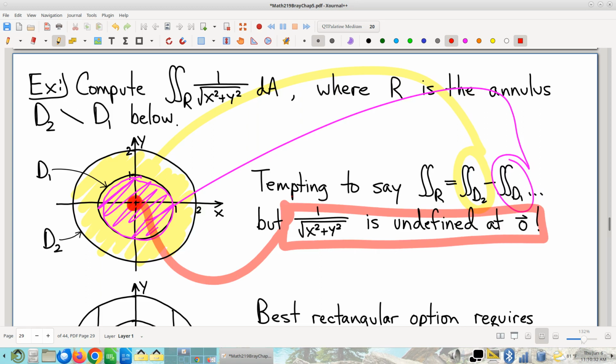And that's not how integrals work, right? The way we have integrals defined, and this is a nasty problem, in fact, the way we have integrals defined, we literally do not even have a definition of what such an integral, either of these integrals, would mean. So this is a dead end. It does not work. Okay, in this case.